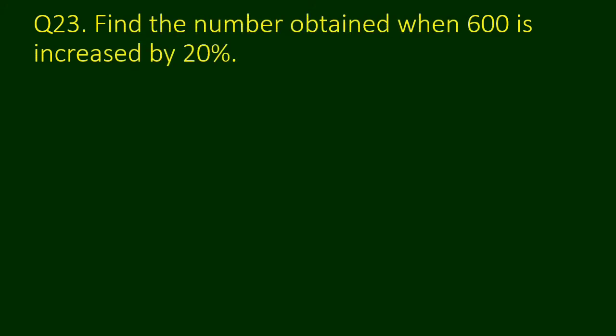Question number 23 says find the number obtained when 600 is increased by 20%. Here you can see the number is already given, and when it is increased by 20%, that number you have to find out.